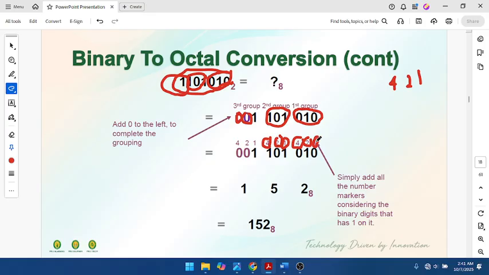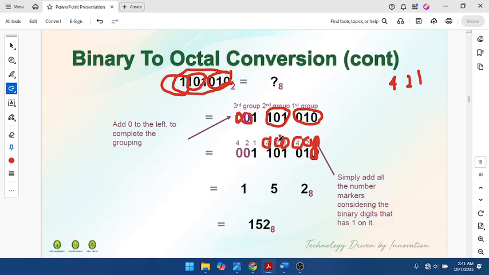So for example, this one, 1, then since this is 0, wala po siyang value. So ito, since we have a value of 1, automatic po tayo maglagay ng 2 dito. So for the third place, which is 4, since the value is 0, wala po siyang number.